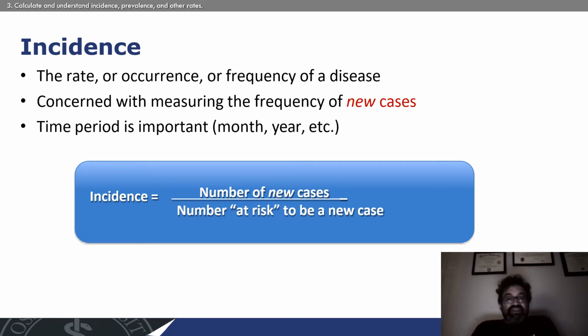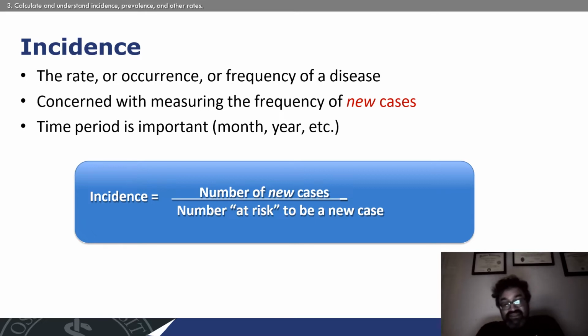So the incidence, the rate of occurrence or frequency of a disease, is concerned with measuring the frequency of new cases. Time period is important. I'm going to show you a visual that will demonstrate this a lot better, the bathtub example, and it really works to provide an understanding of all of this.